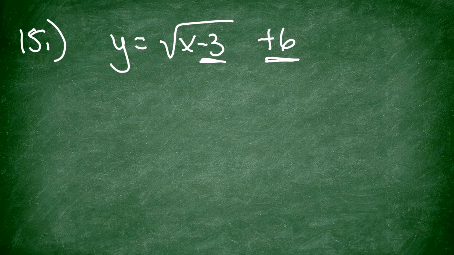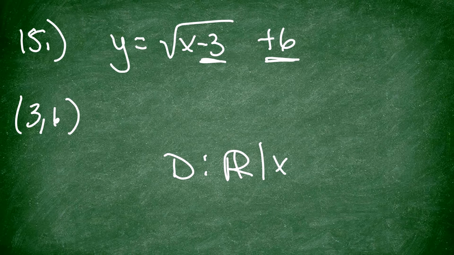15, we have y is equal to the square root of x minus 3, plus 6. Once again, I find h and k. There's my h. There's my k. I don't trust my h, so it's positive 3, 6. Since it's a square root, I'm going to say domain is all the reals such that x, and because that's positive, I put x is greater than or equal to whatever h is.